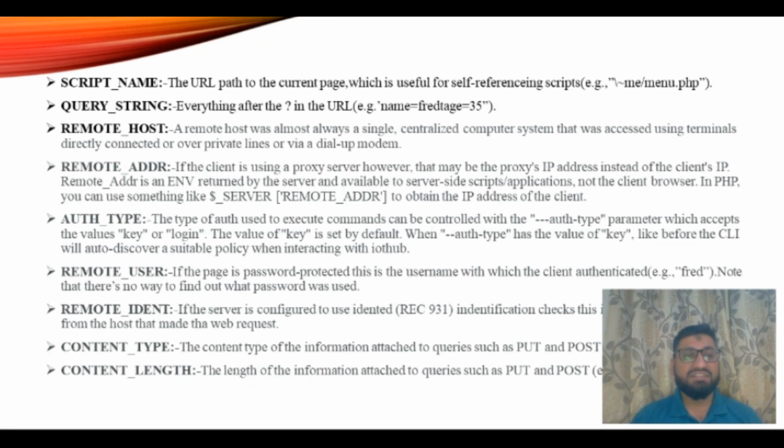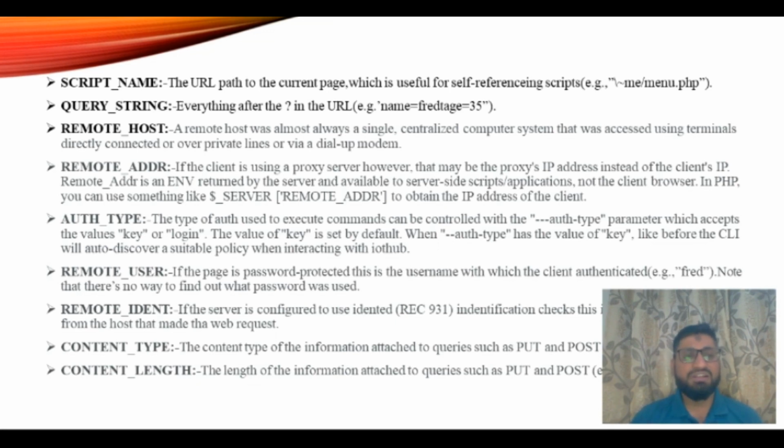Remote address, if the client is using a proxy server, however, that may be the proxy IP address instead of the client IP. Remote address is an environment variable returned by the server and available to server-side scripts, not the client browser. In PHP, you can use something like $_SERVER to obtain the IP address of the client.